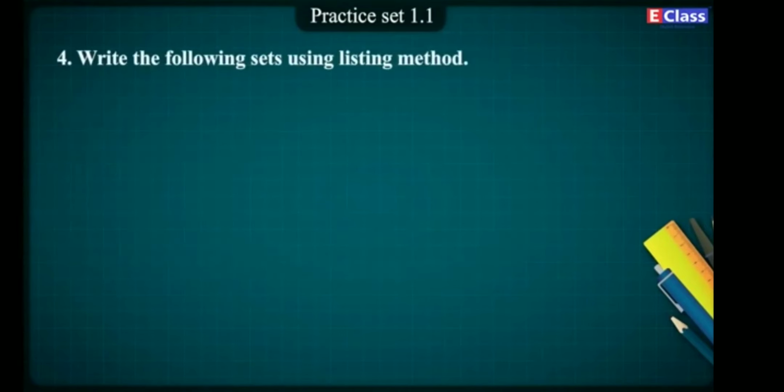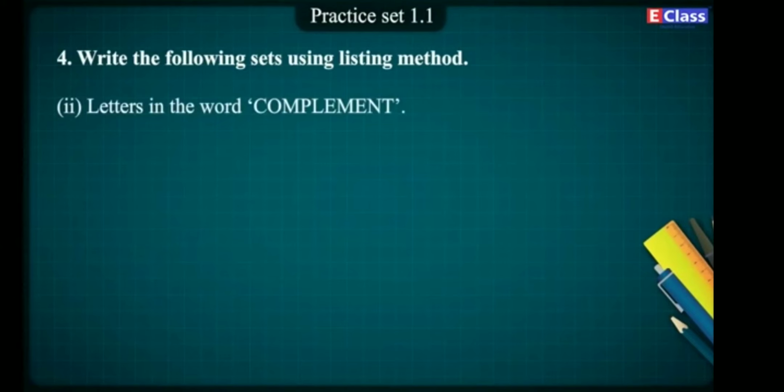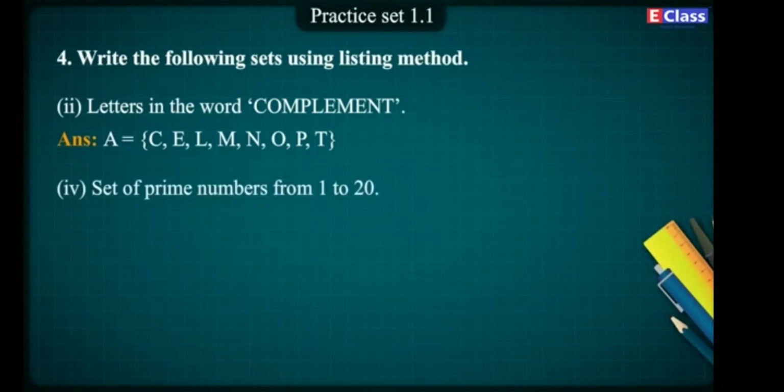4. Write the following sets using listing method. 2. Letters in the word complement. Answer. A = {C, E, L, M, N, O, P, T}. 4.